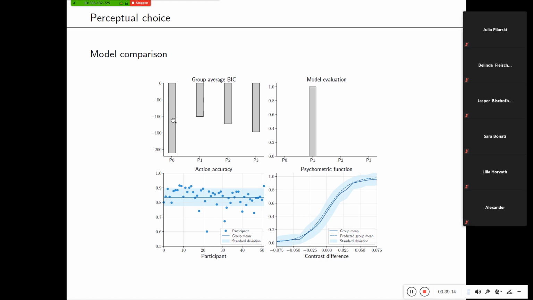So the P0 model has the lowest BIC, the highest BIC is achieved by the P1 model, which is actually the model without any action noise. Then the action noise model is a little bit less good, and the P3 model, which has three parameters, doesn't win.